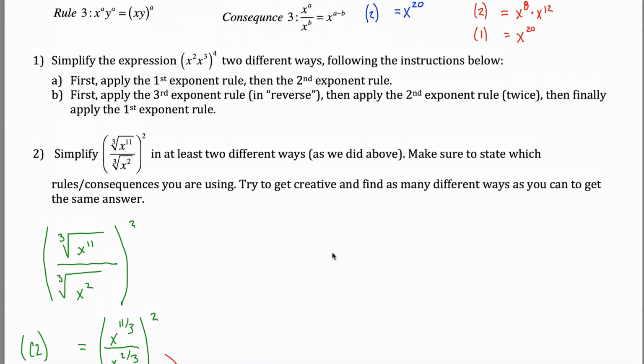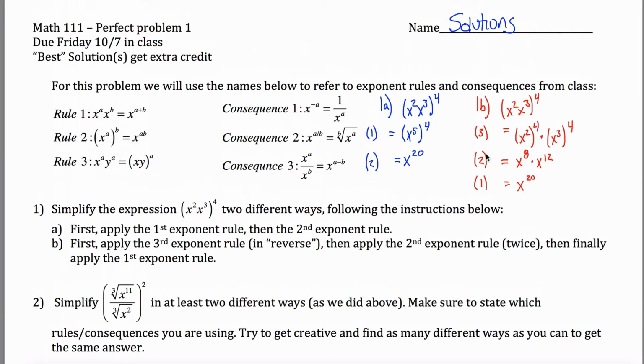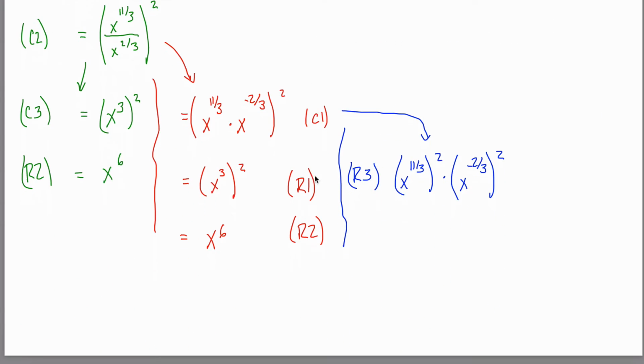And then, kind of like I did above here, I could apply rule 2 and then rule 1. Rule 2 would tell me that that right there is equal to x to the 22/3 times x to the negative 4/3, because I take 2 times 11/3 and get 22/3, and 2 times negative 2/3 and get negative 4/3.